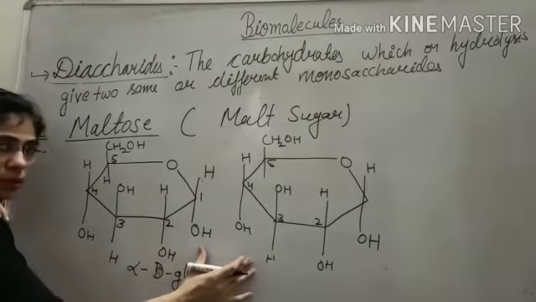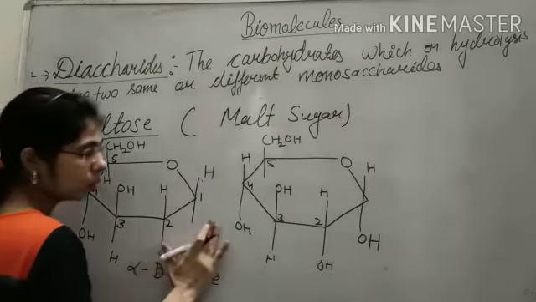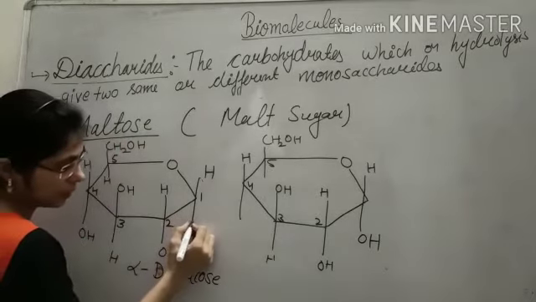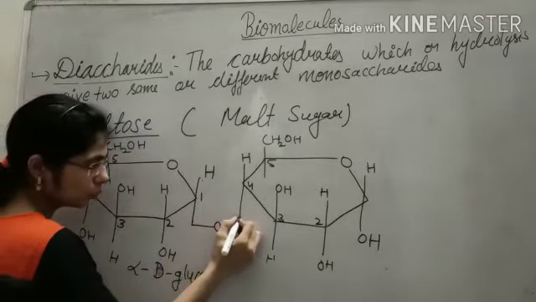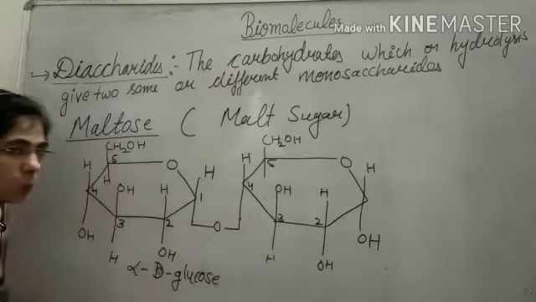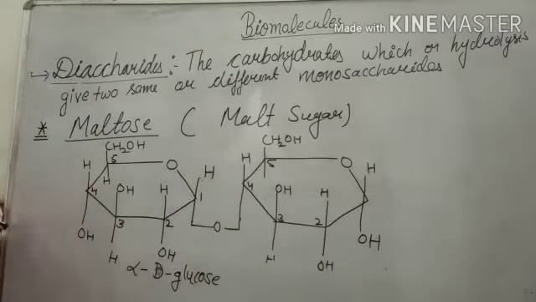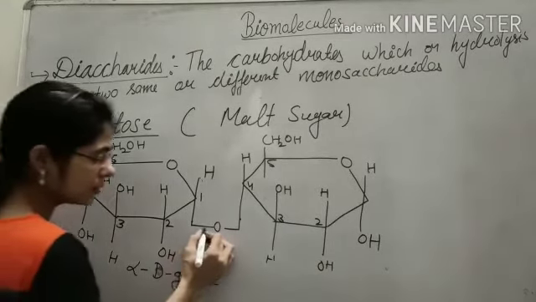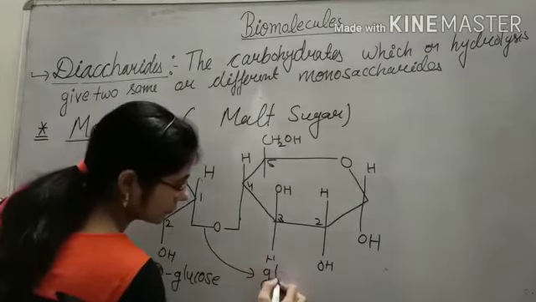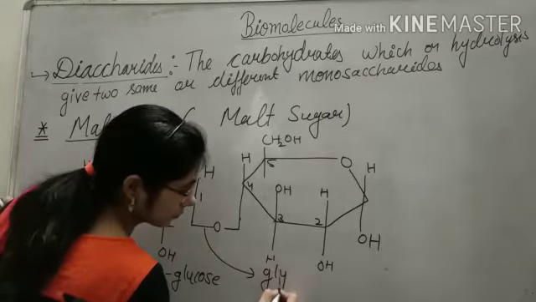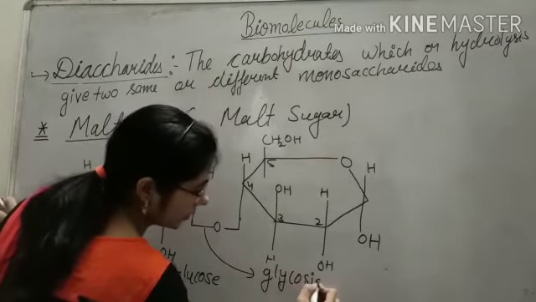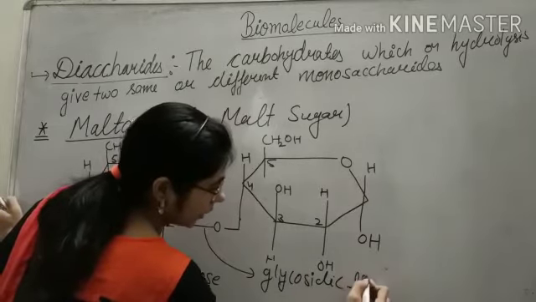When these two units join, the loss of a water molecule takes place, and the two units join with the help of oxygen, and it is called a glycosidic linkage.